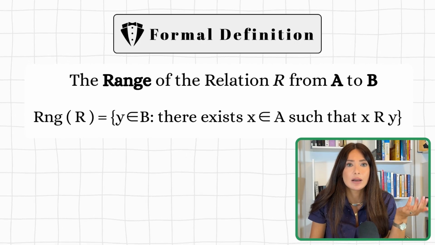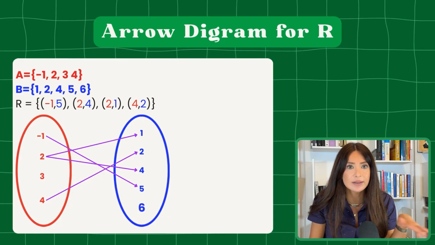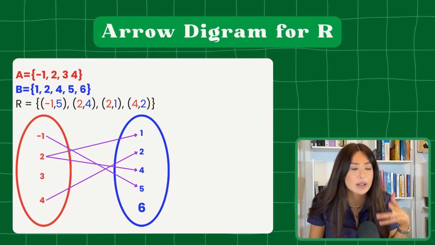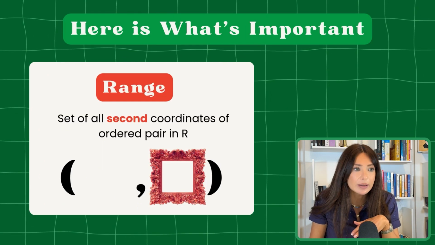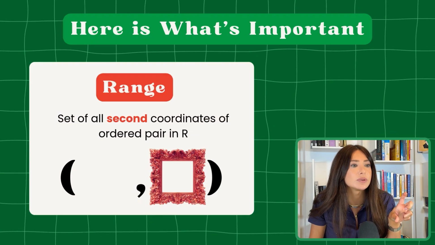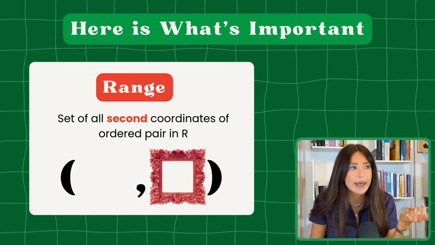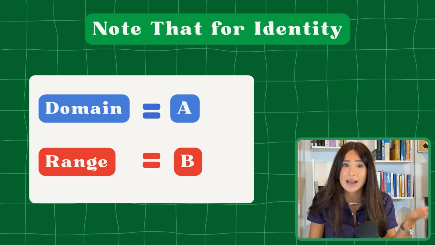Again, in our example, 6 was not related to any of the elements of A, so that won't make it in the range because we're talking about the range of a relation. It is the second spot in the pair, okay? So that's where the range is going to be found. Now, note that domain is going to be a subset of A. It could be the entire A.